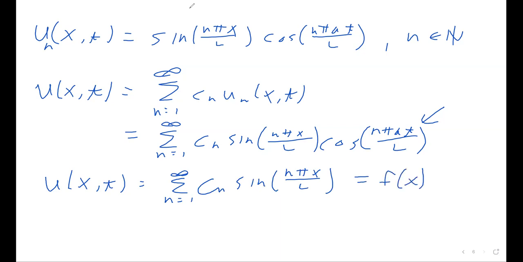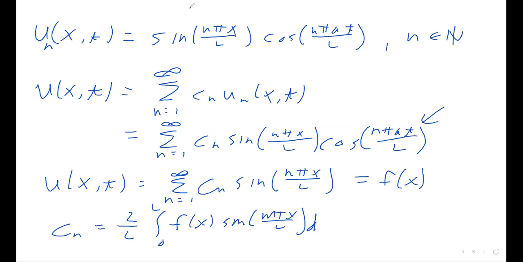So there's our f of x. Then we can use this to find our c sub n. Again, this will be for n's that are natural numbers. So a lot of similarity with what we had before. Let me clean this up, make that not so run together. There we go.